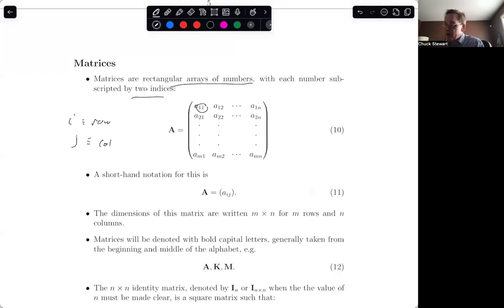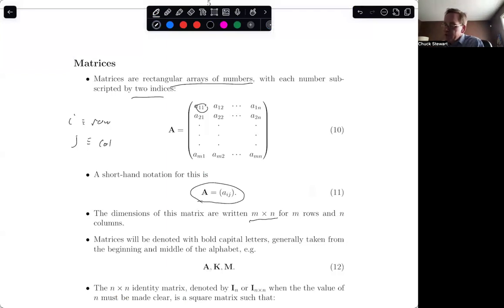In Python and most programming languages, the indices start with 0. In MATLAB, they actually do start with 1, or at least last I knew. We can write it in shorthand as capital A, the matrix, equal to a sub ij, and then you just need to know the dimensions of the array. We write the dimensions as m times n, for m rows and n columns.